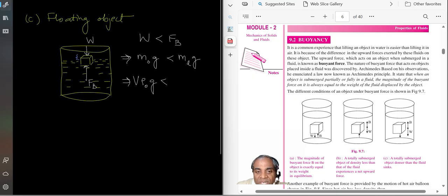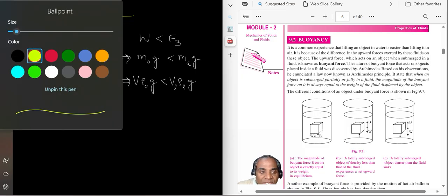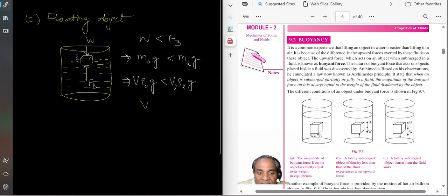So here ml is not equal to V into rho L, it is VL into rho L into G, and I will write VL separately here. VL is the volume of liquid displaced by the submerged portion of the body.